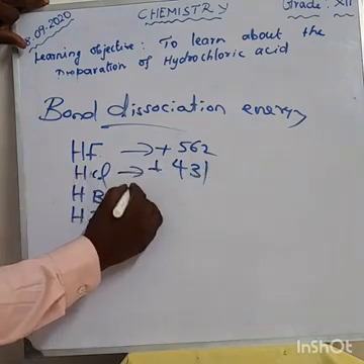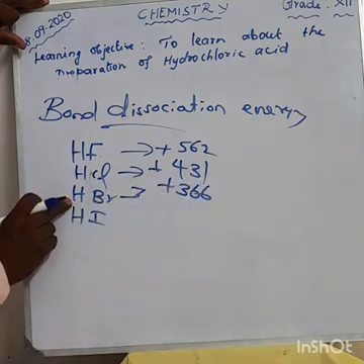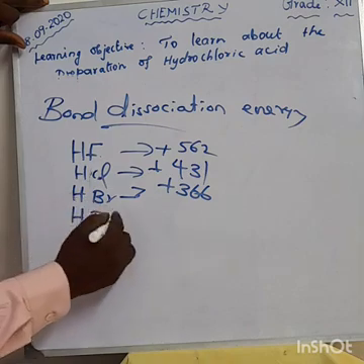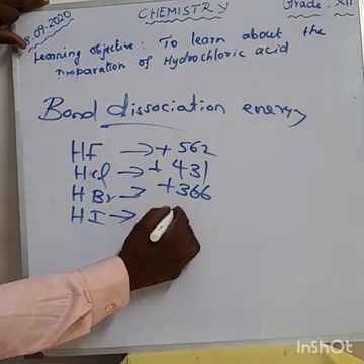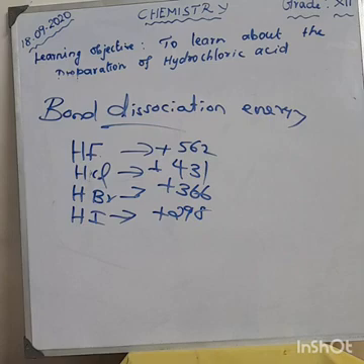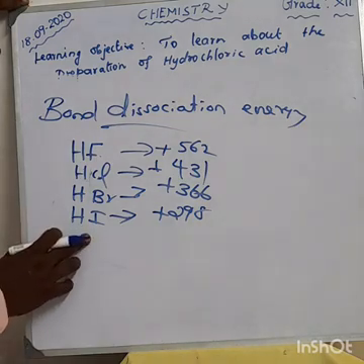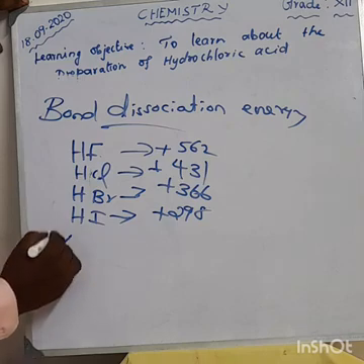Next, 366 for hydrogen bromide. Next one is 298 for hydrogen iodide.